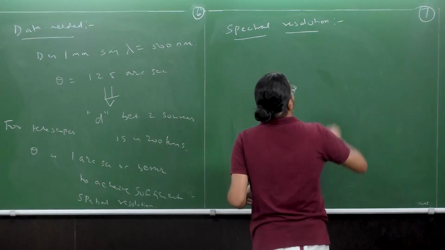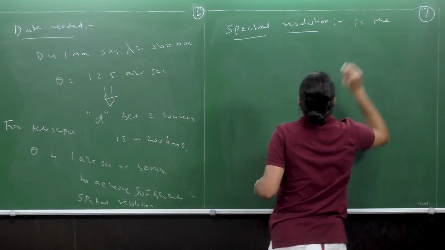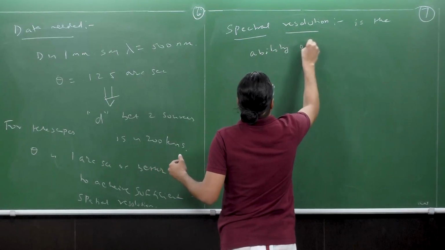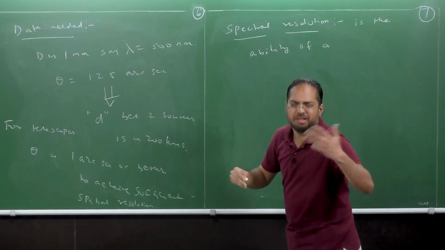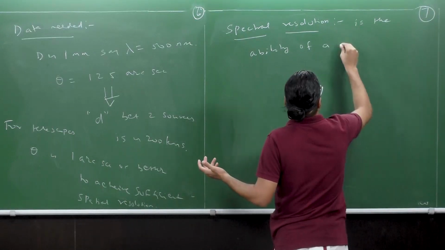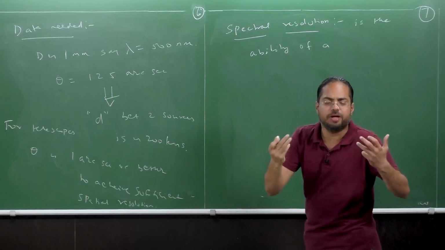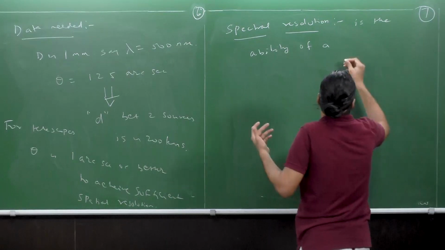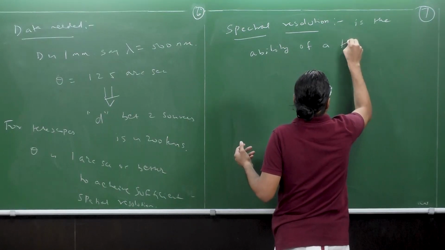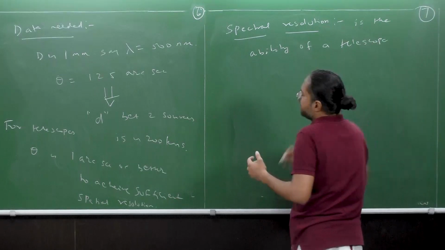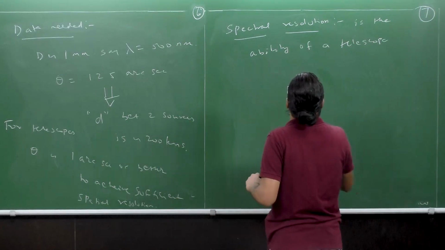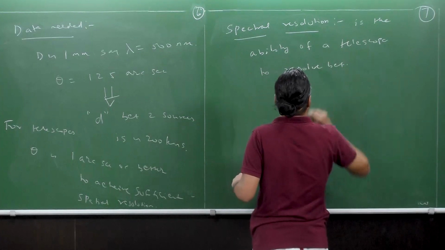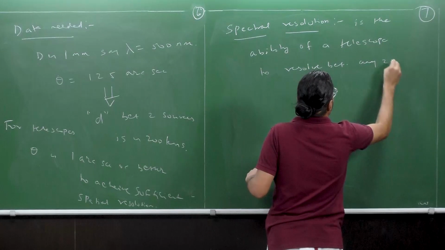Spectral resolution is the, let's say, ability of any telescope or any optics, any receiver of radiation from space, to resolve between any two wavelengths. I'll just put telescope as one example.